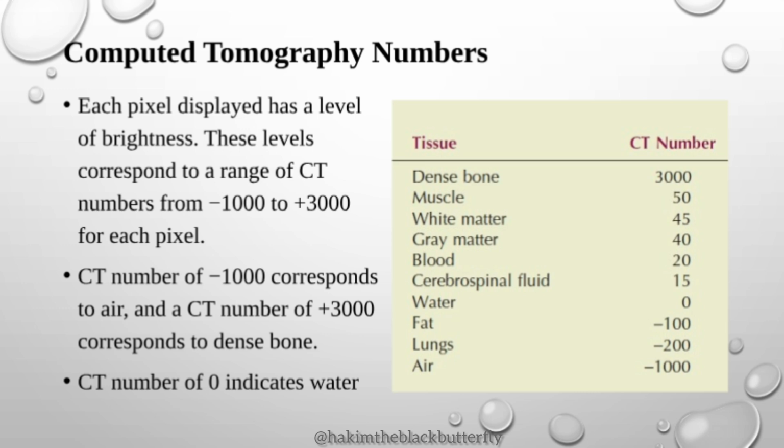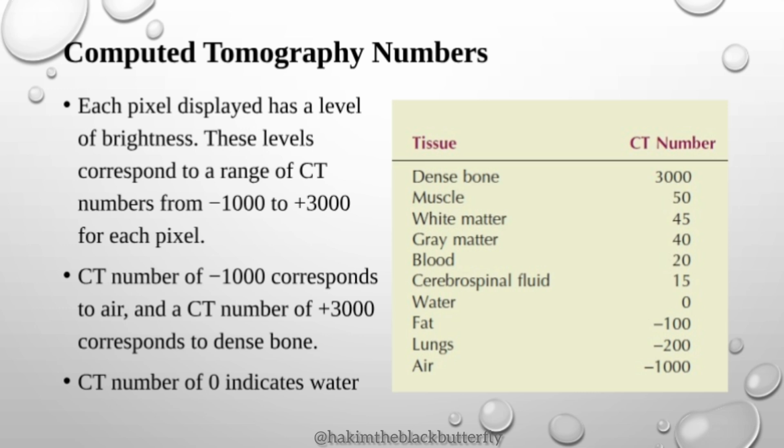It is the CT numbers that most of the radiologists use to make their diagnosis clear. Each pixel displayed has a level of brightness, and this level of brightness depends on the CT number it is carrying.